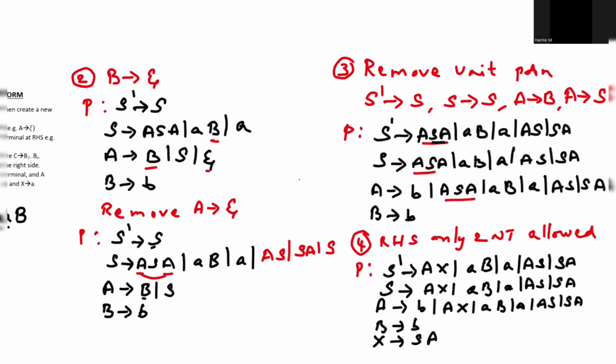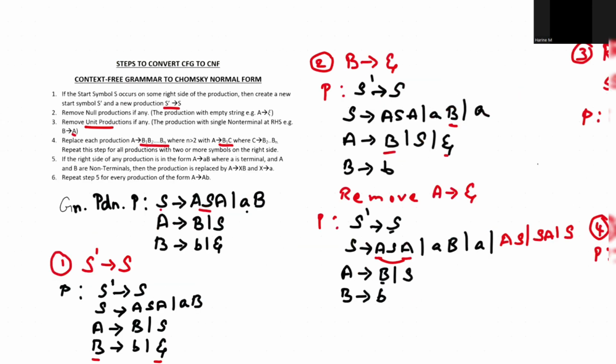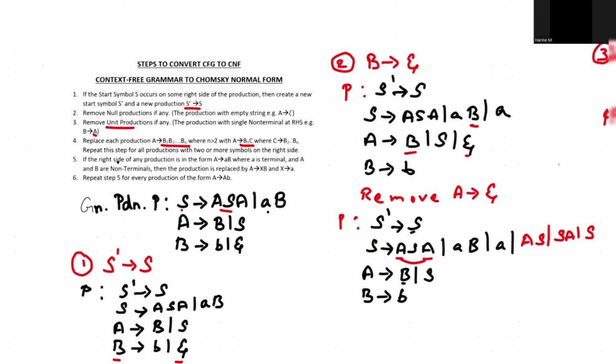Next, step number 5. On the right-hand side of any production, if there is a terminal followed by a non-terminal, that terminal should be replaced by a non-terminal. So the right-hand side should have only 2 non-terminals or a single terminal, that is allowed. According to rule number 5, we need to replace.